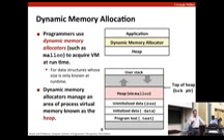Okay, and almost all languages have some mechanism for acquiring and manipulating this dynamic memory. So in C, it's the malloc package. Languages like Java have the new method.